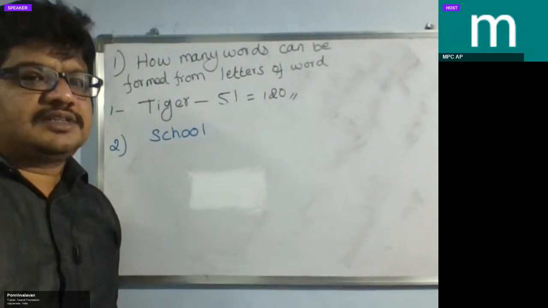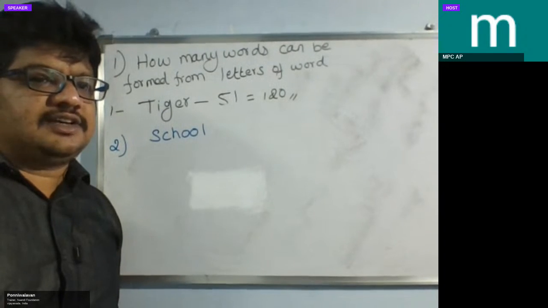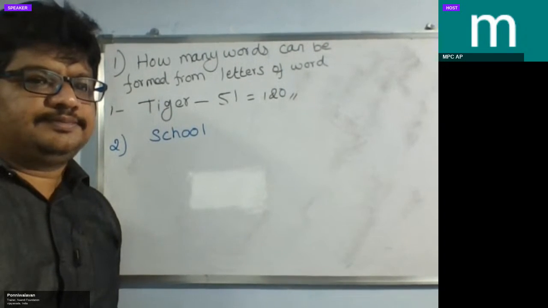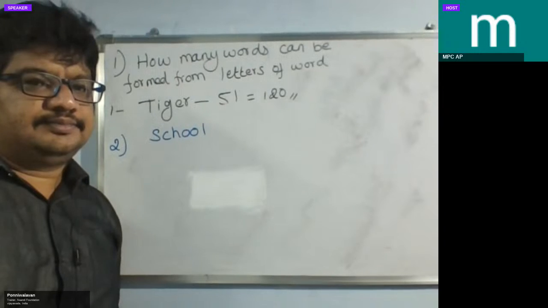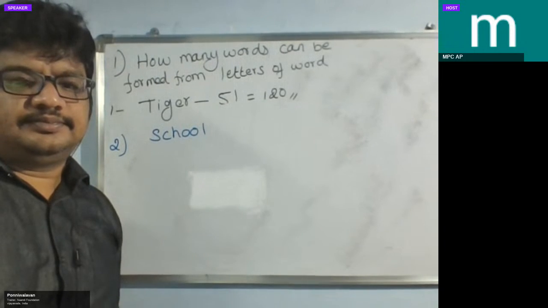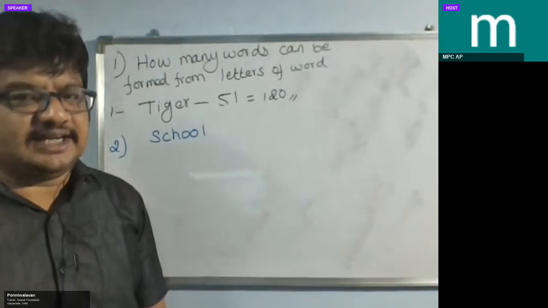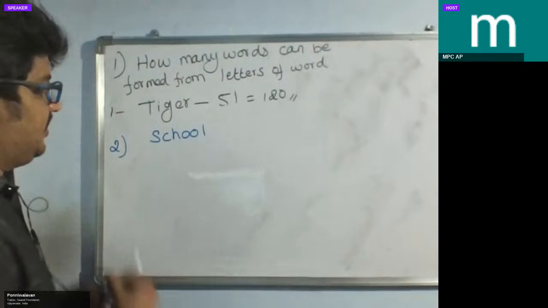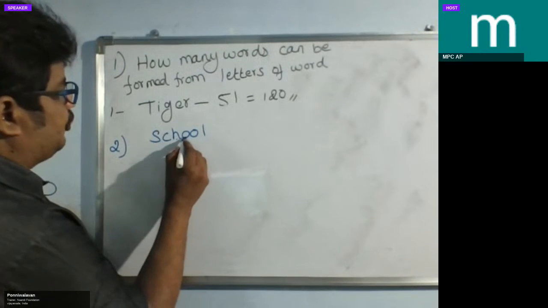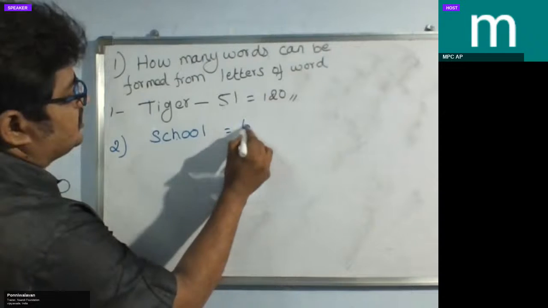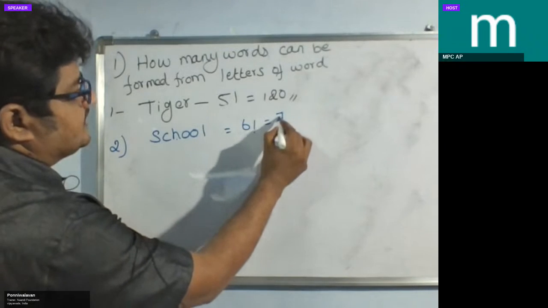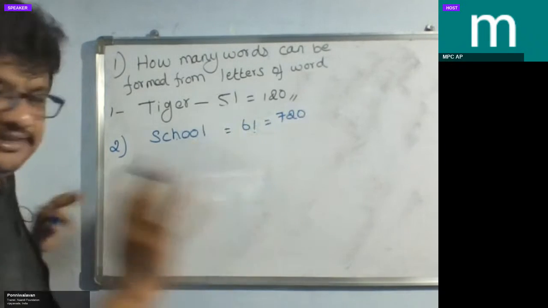How many words can be arranged from the letters of the word school? How many letters? 6 letters, 1, 2, 3, 4, 5, 6. 6 letters means 6 factorial. It is 720. Listen.